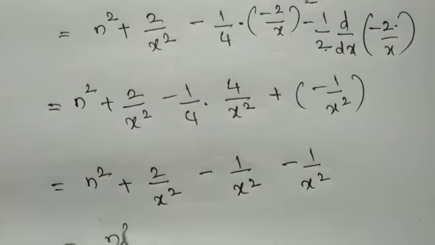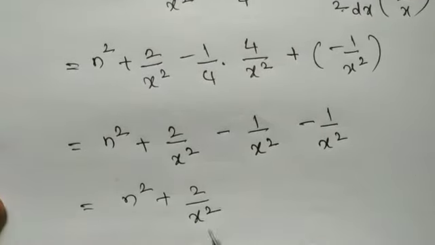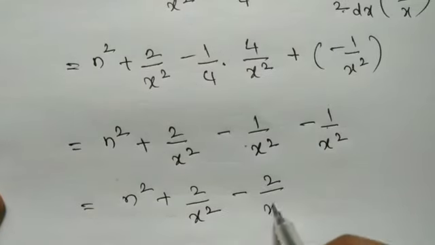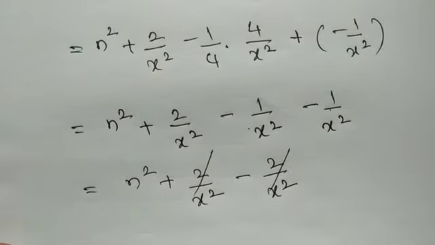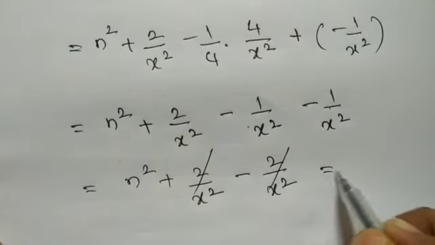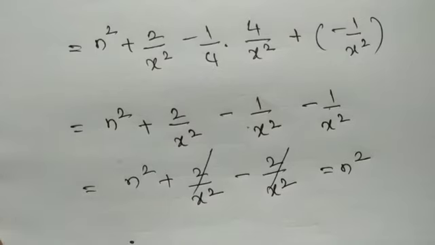So n square plus 2 by x square minus 1 by x square minus 1 by x square. So that is minus 2 by x square. So plus 2 by x square minus 2 by x square cancel, that is n square. So therefore I equals n square.